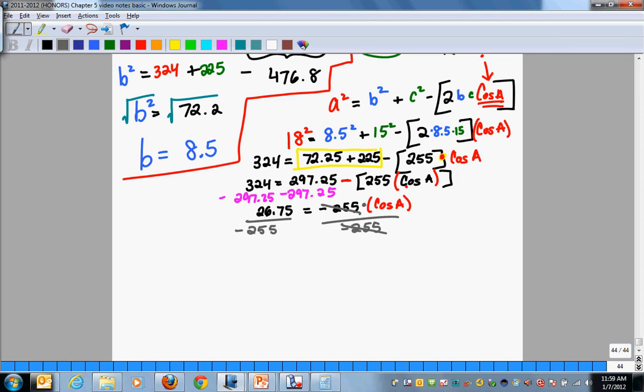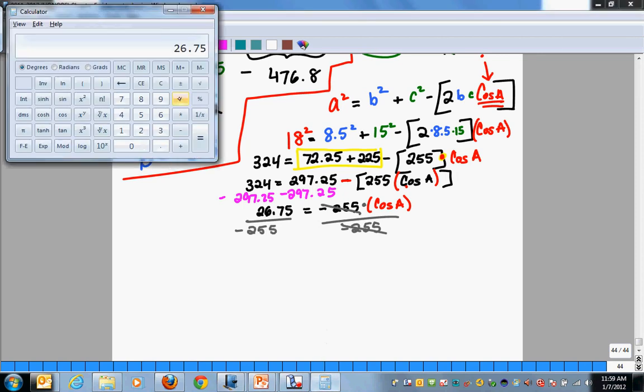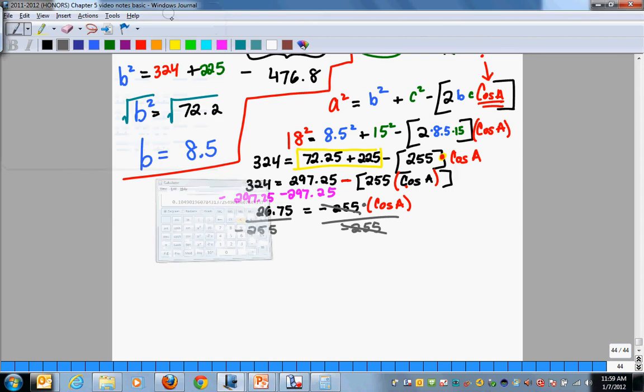These cancel. That's negative 0.1049, equals the cosine of angle A.